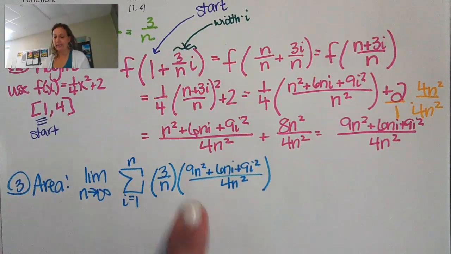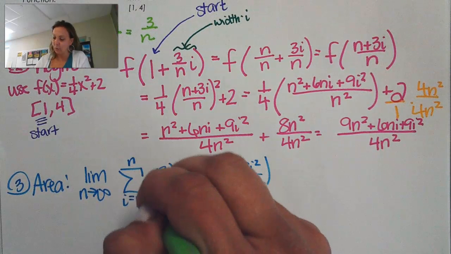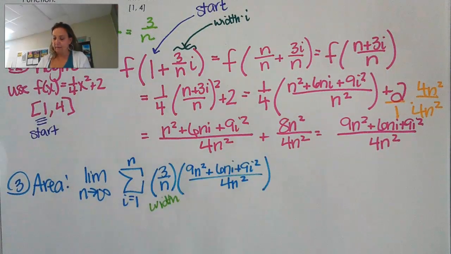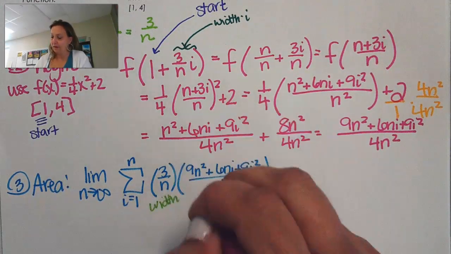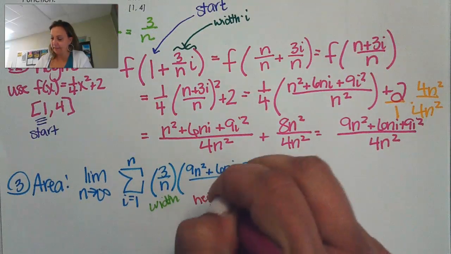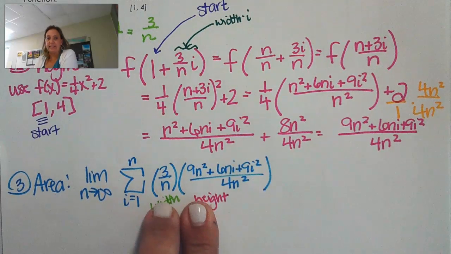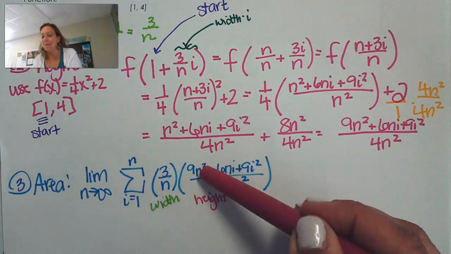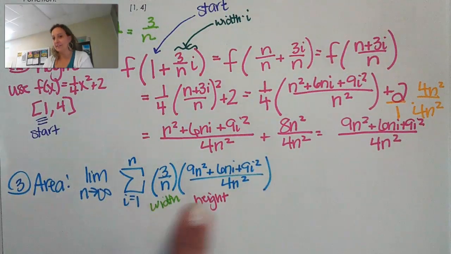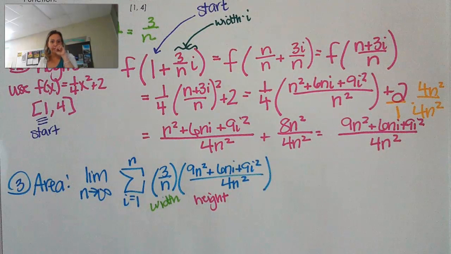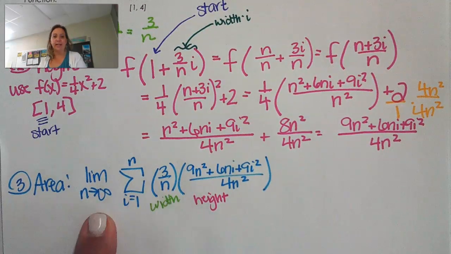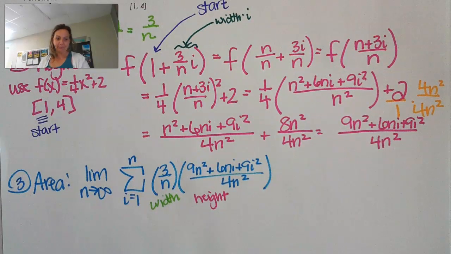So we're going to take the sum. Again, this is our width. This is our height. When you just look at it like this, it's a little woof, right? But if you think, here's the width, there's the height, it's a little less overwhelming. So we're going to sum that with n rectangles, and then we're going to have the n go to infinity.